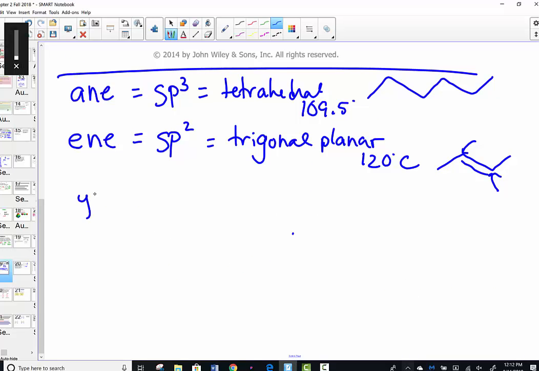And then, of course, yne is sp hybridized. We said that's linear. That's a 180-degree bond angle. Did I put Celsius? That's kind of funny. A 120 bond angle is different than a thermometer. And then 180 is a straight line.